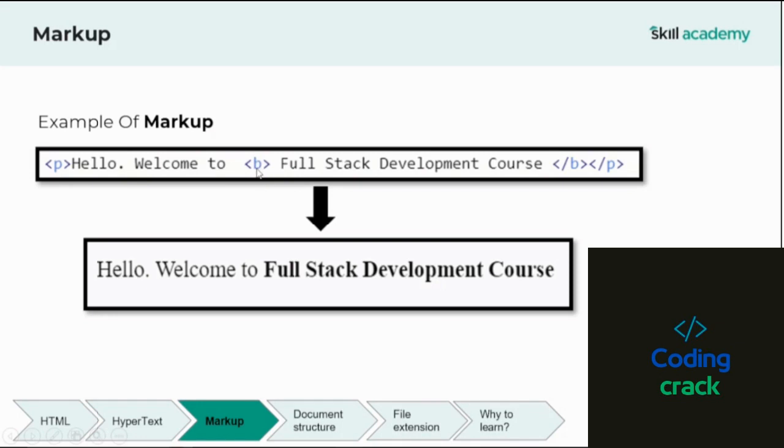B here is a tag, and what this tag will do is make your full stack development course appear in bold letters. The moment you write this piece of code, you will have this output. So what is P here, what is B here? They are tags, and a computer language that comprises tags is known as a markup language.